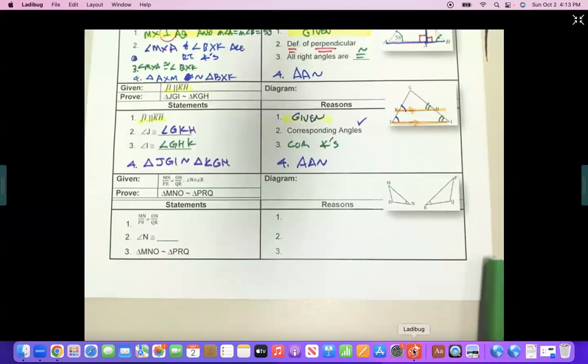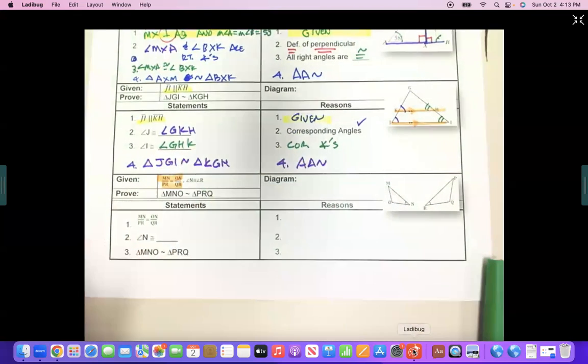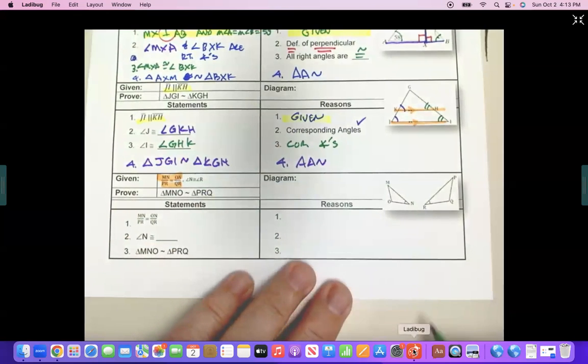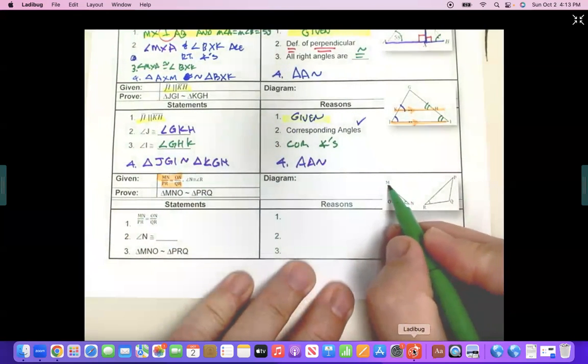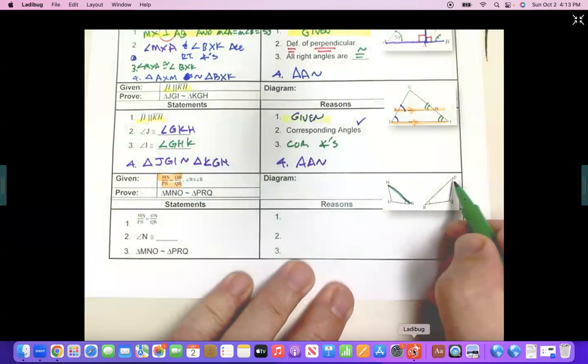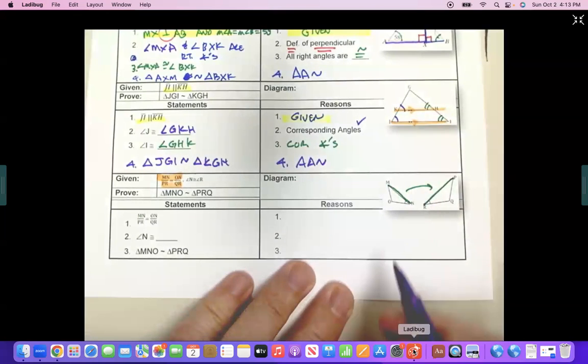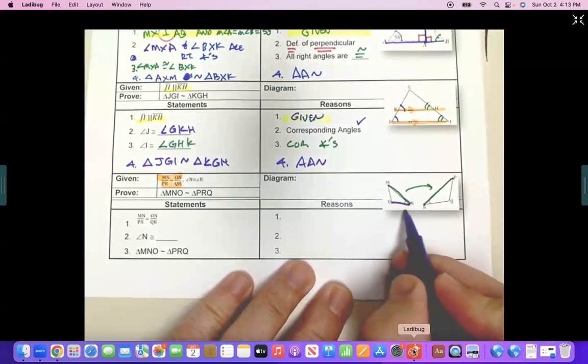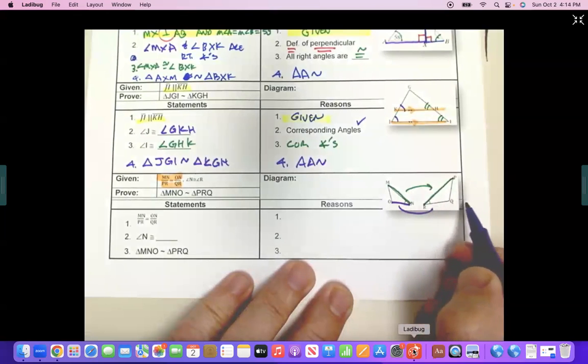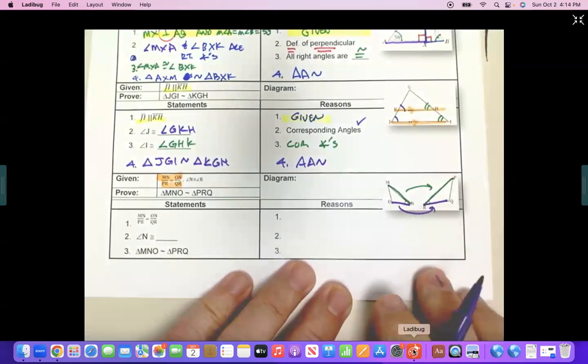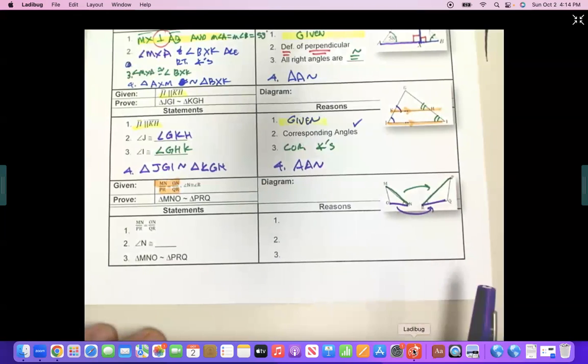And in the next one, they start off by writing a proportion. Let's see what that proportion looks like over here in our diagram. It's saying if we compare MN to PR and we compare ON to QR, those two are proportional.